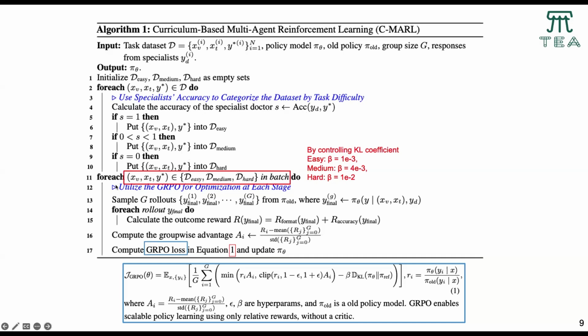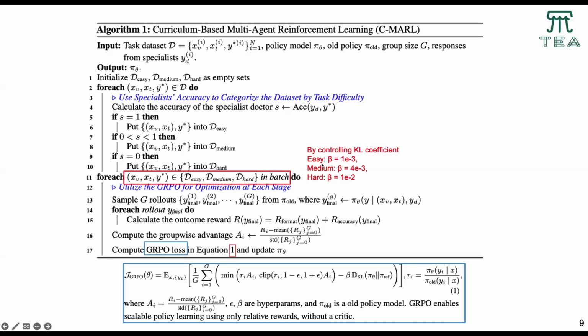And then they will conduct the curriculum reinforcement learning over the questions. The method they use to conduct curriculum learning is by controlling the KL coefficient in the GRPO loss.